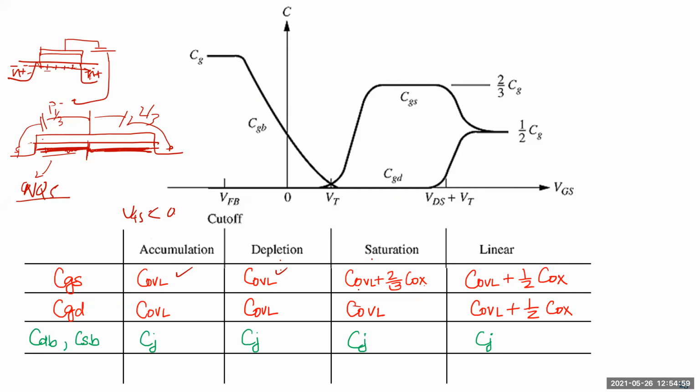For example, when you short drain and source and use it as a capacitor, it works fine. It's only when you're doing an amplifier in linear mode, and typically they're never in linear mode. If it is, it could be underestimation or overestimation, depending on how linear or nonlinear you are.